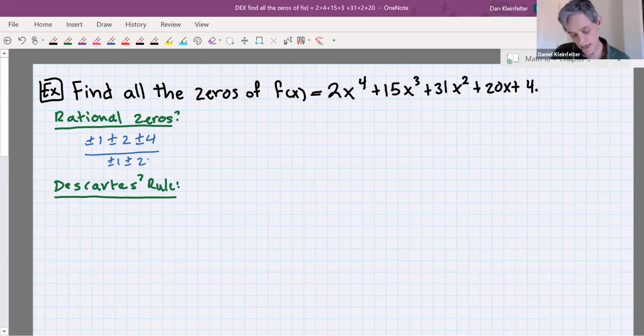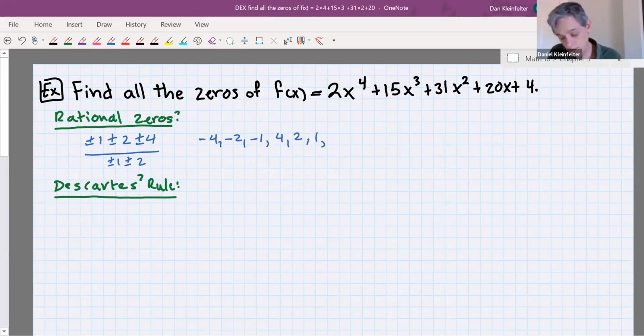All right, so we want to write out all of our zeros. I'm going to first write down all the ones that have a denominator of 1. So that'll be -4, -2, -1. And then we'll have positive 4, 2, and 1. Okay, that's all the ones with a denominator of 1. Now let me do all the ones with a denominator of 2.